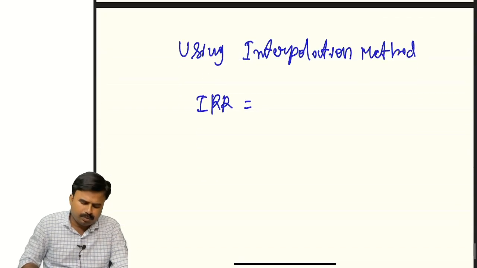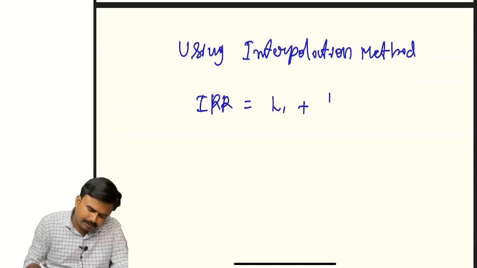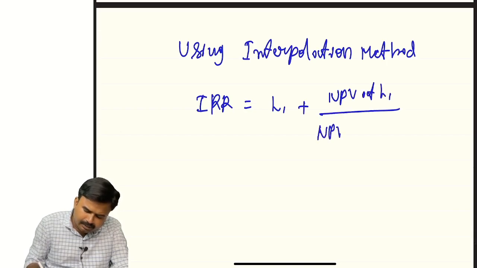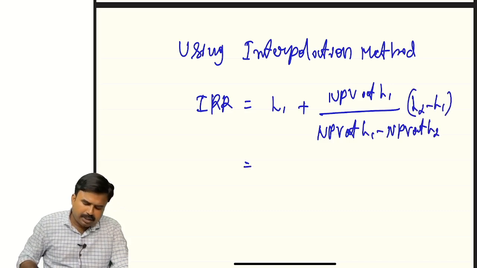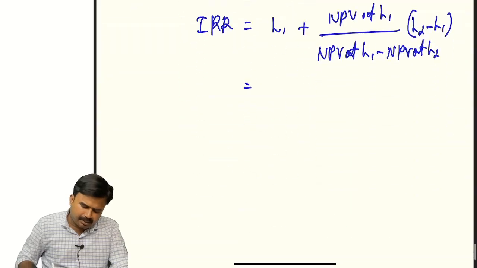IRR is equal to L1 plus NPV at L1 divided by NPV at L1 minus NPV at L2, into L2 minus L1. Your lowest guess rate is 10%, 0.10.